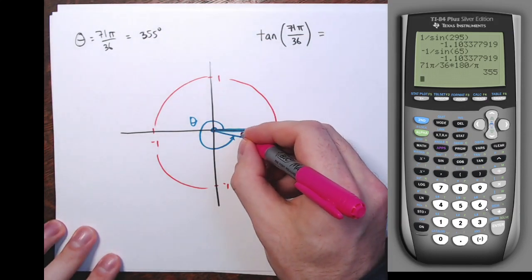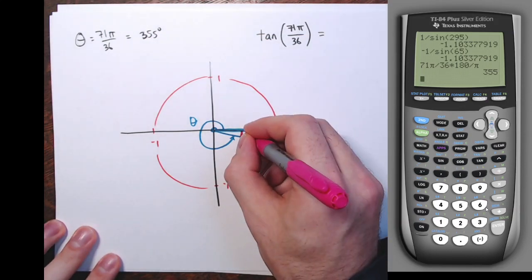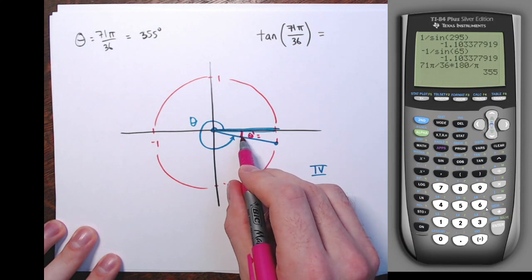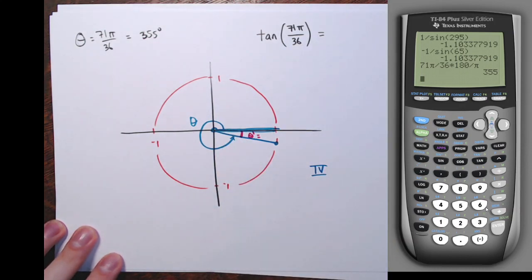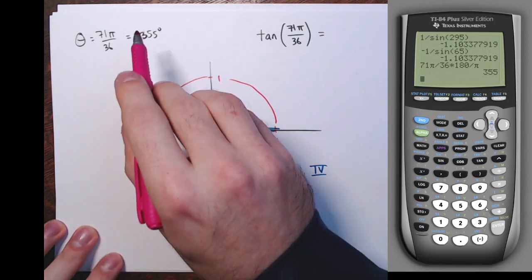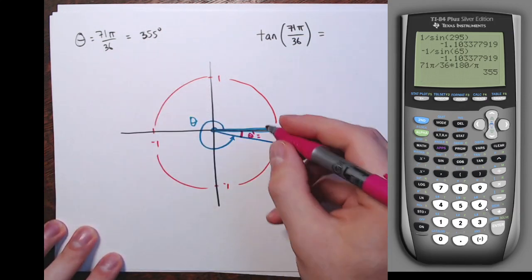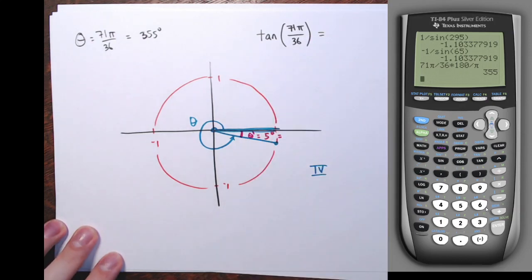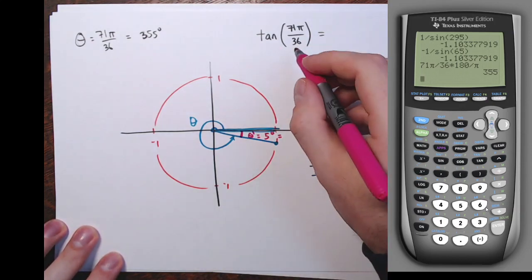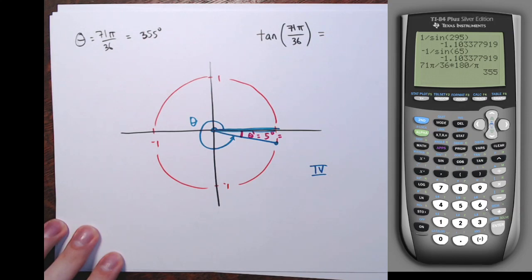Theta prime, the reference angle, is this small angle between the terminal side and the horizontal axis. And we just said that's 5 degrees. Right, it's 5 degrees, but our angle measure was given in radians. So I want to change this back to radians.